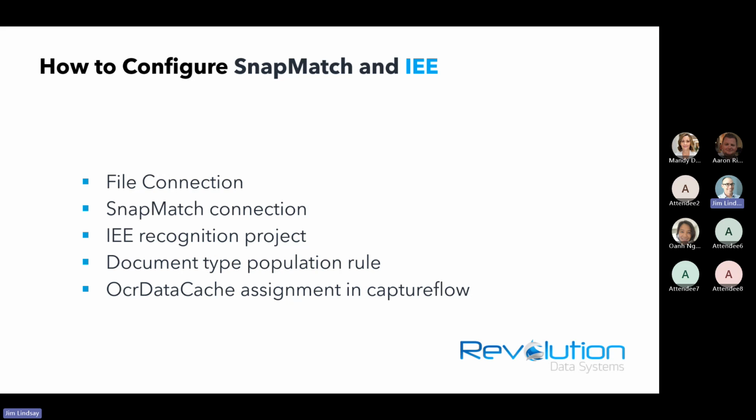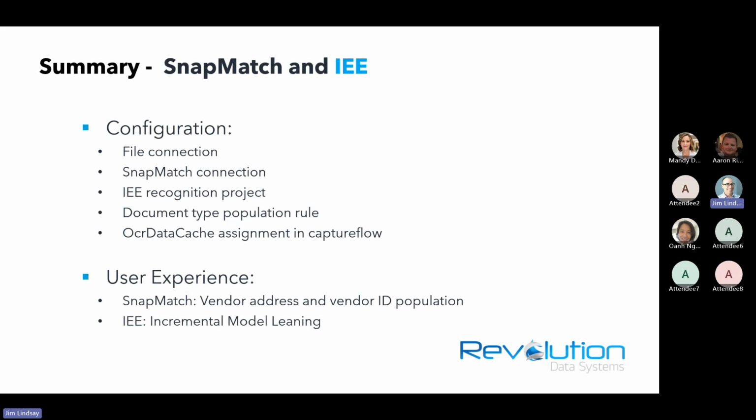Well, to summarize, in the first part we saw the configuration from the admin perspective: the file connection, the SnapMatch connection, the IEE recognition project, the document type population rule, and the OCR data cache assignment in capture flow.